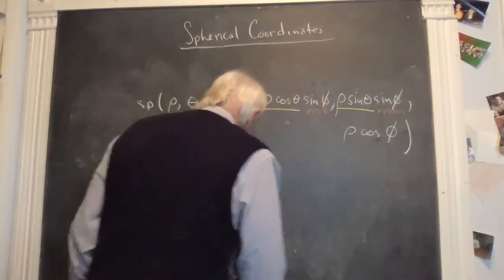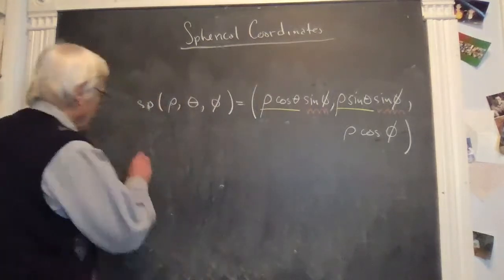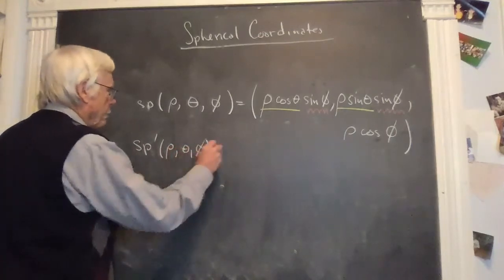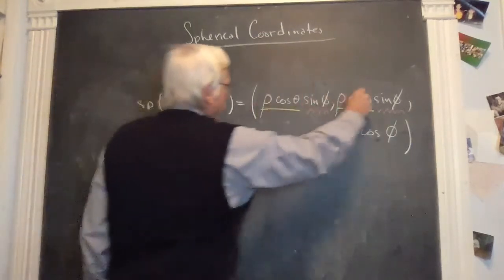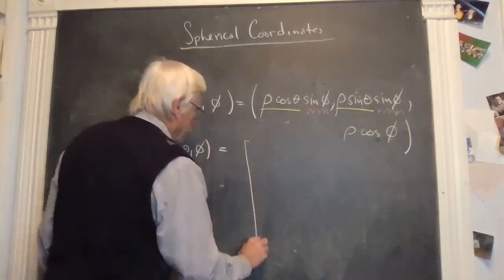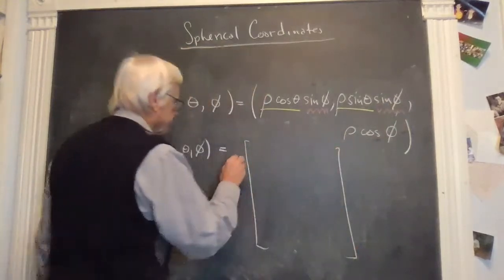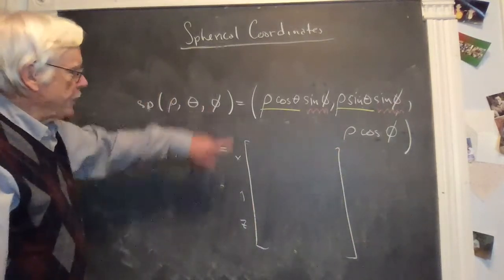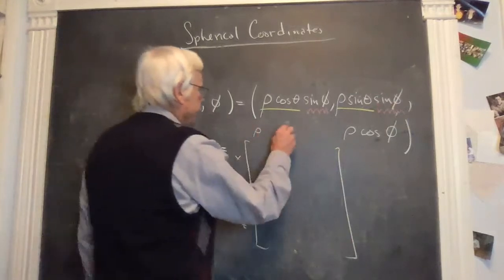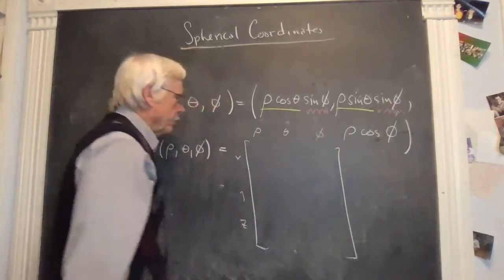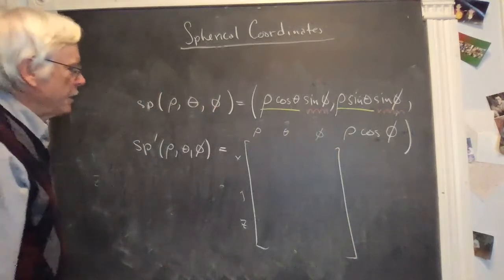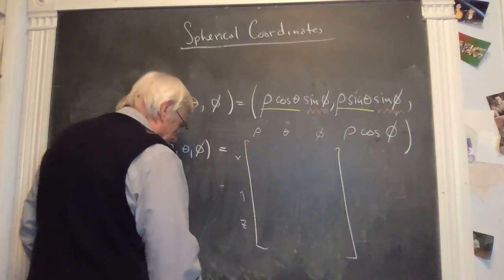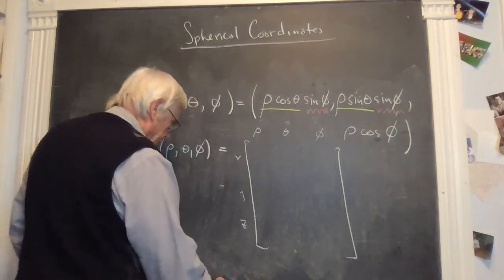Let's take a look at the derivative of this. So s prime of rho, theta, and phi. We've got an x, a y, and a z, so we'll have 3 rows to this derivative. And we've got 3 variables, rho, theta, phi, so we'll have 3 columns. I'm going to just use C and S to save a little space here.